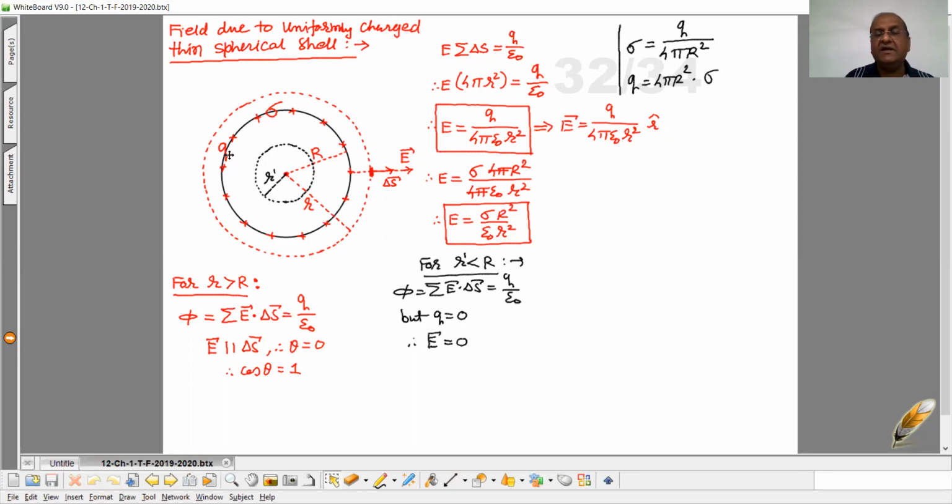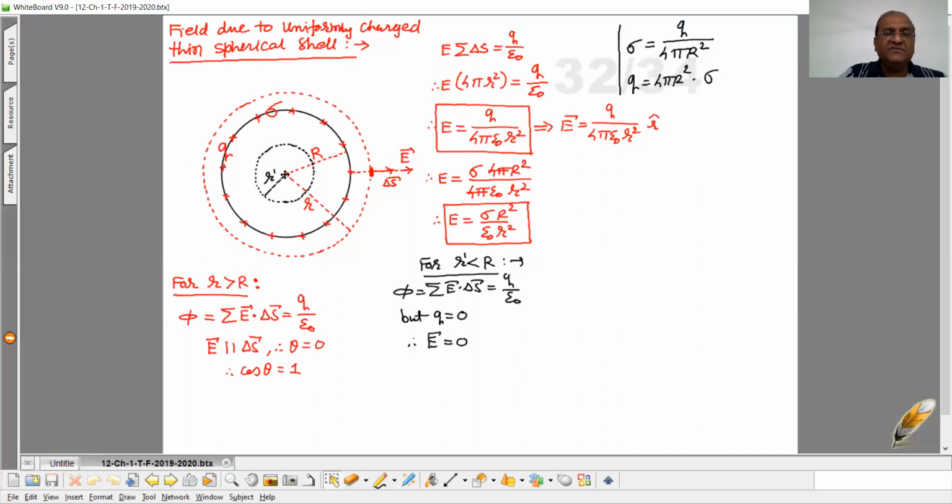Suppose first we consider any point outside the spherical shell. So here consider the Gaussian surface, which is a spherical one passing through that point where we want to find the electric field.